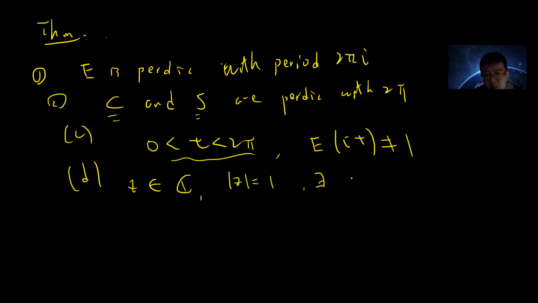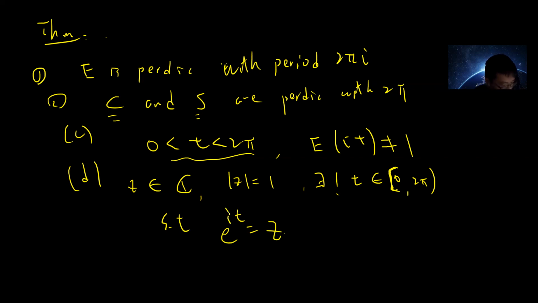There exists a unique t from 0 to pi such that exponential it will be z. So basically now I want to prove all of these things. Okay, so proof.